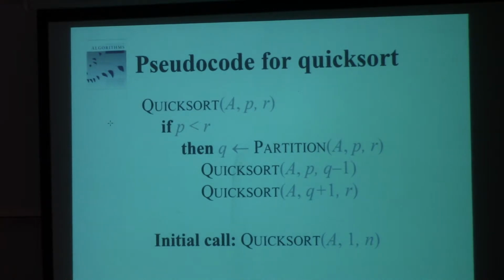Whatever is the size of R minus P plus 1, that's how much work is being done by partition, because that's n. Of course, when I go to recursive level 1, here and here, the work is going to be less, but it's still going to be n relative to q minus 1 minus p plus 1, and r minus q plus 1. Those are going to be the pieces. If it's right in the middle, this is really going to be n over 2 and n over 2. But it could be unevenly split.